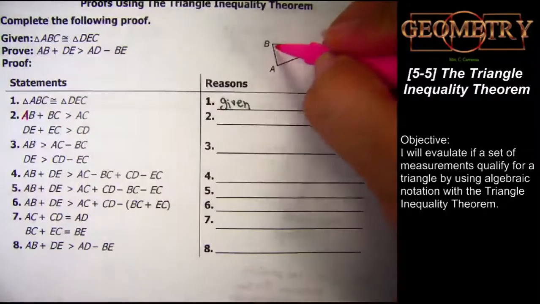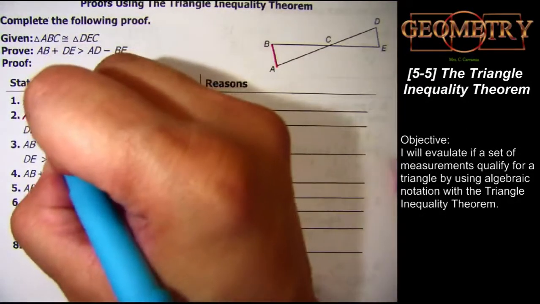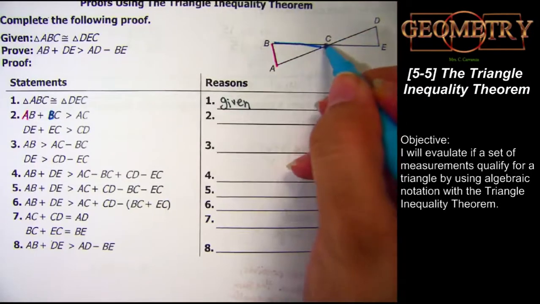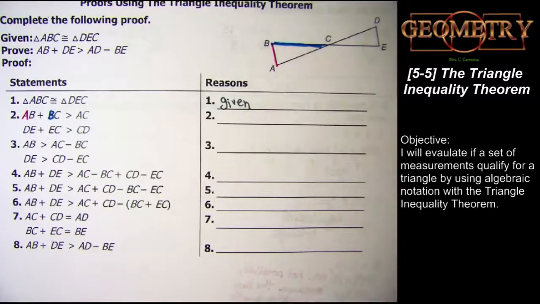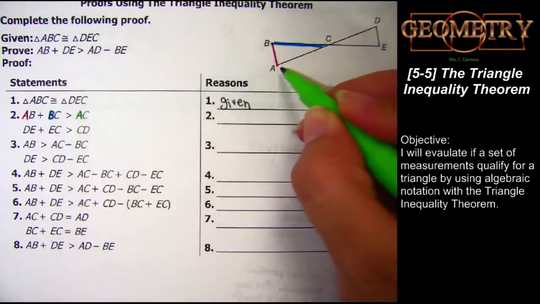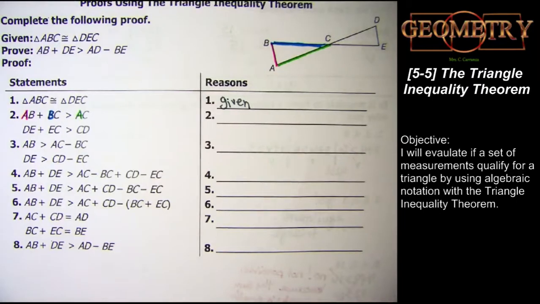AB is right here, plus BC is right here. So we're talking two sides of a triangle. And then it says it's greater than AC. AC is the third side of the triangle. Two sides added together are bigger than the third side.